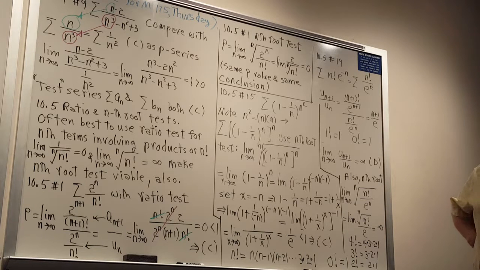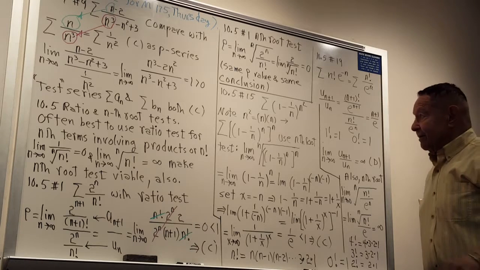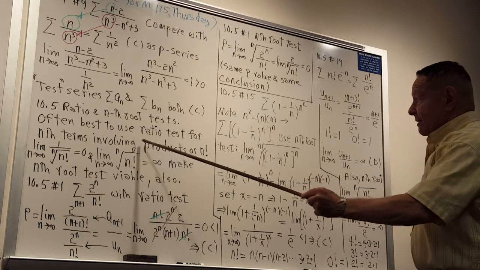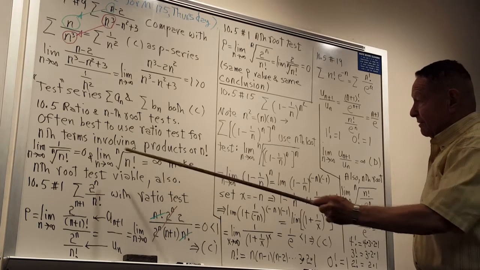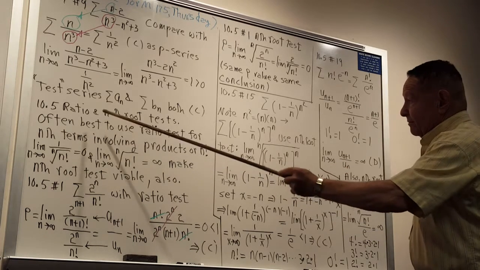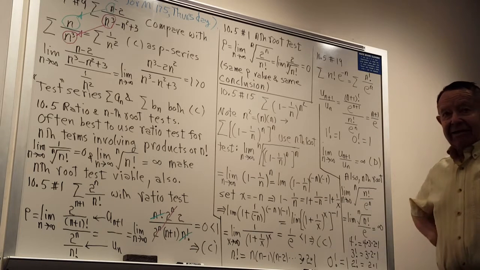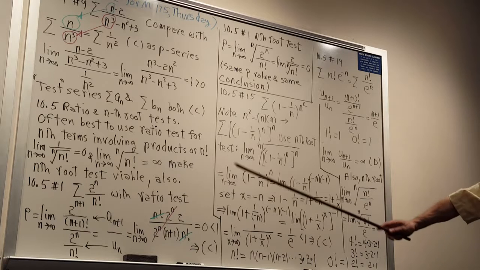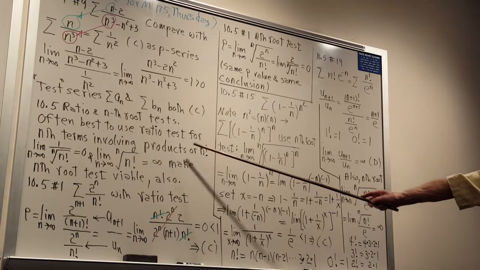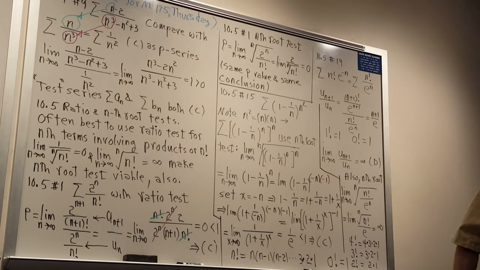So let's finish with some examples of ratio and nth root test. And as I said earlier this morning, when you have series involving n factorial, you're almost always going to use one or the other of these tests, because you can't integrate the n factorial and you can't differentiate.